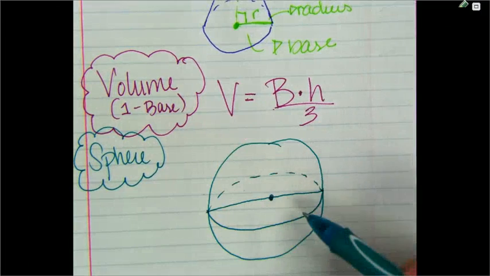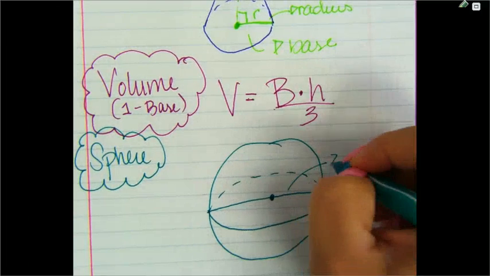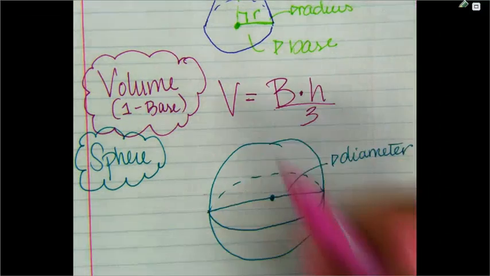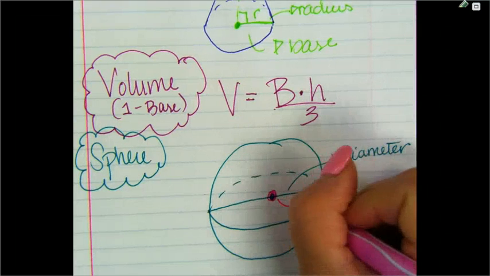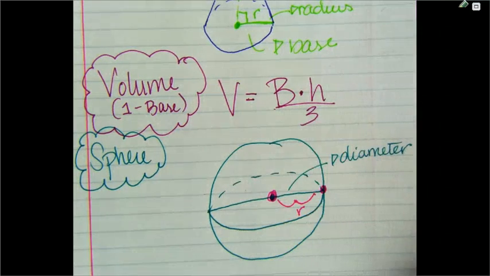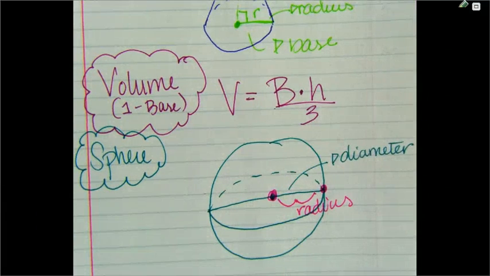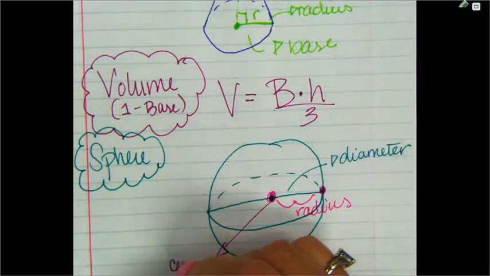So if I draw that line across, what's that line represent? The diameter. And what is this point to this point represent? The radius. And what does this point in the middle represent? The center.